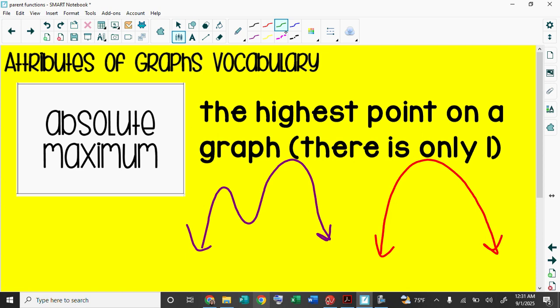And the absolute maximum is the highest point. This one right here is also called a vertex, and we'll get into that later. That's a vertex. Highest point is the maximum. Pause the video, get all that good business down.